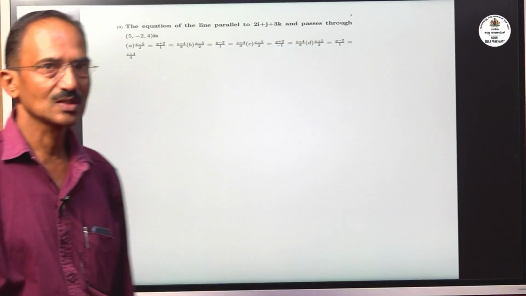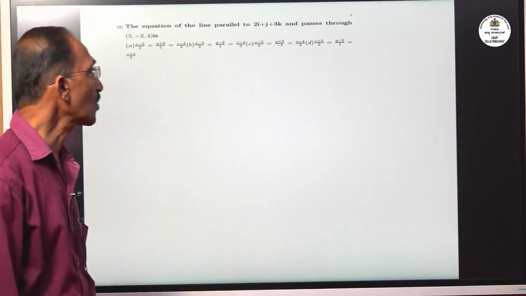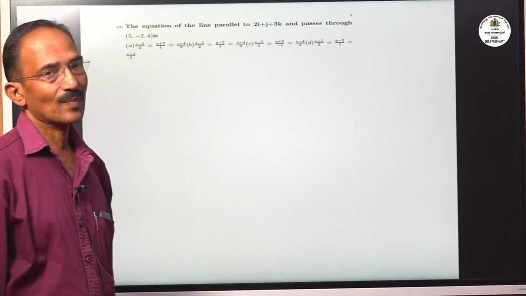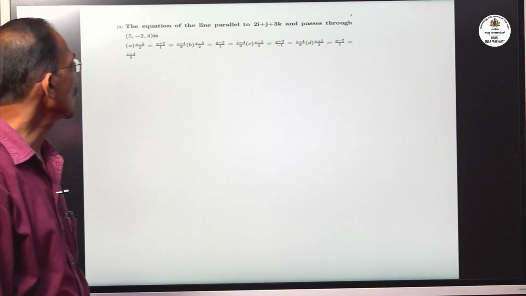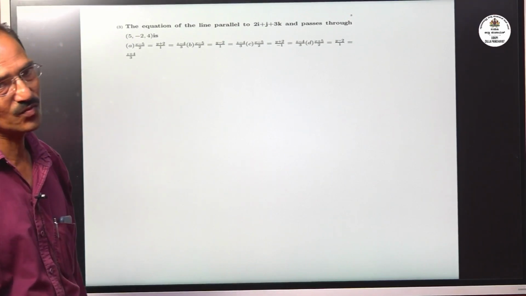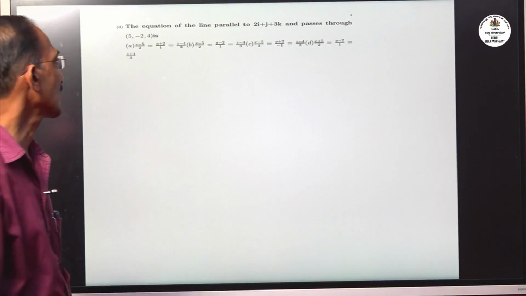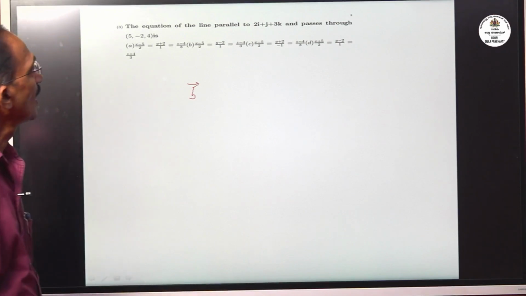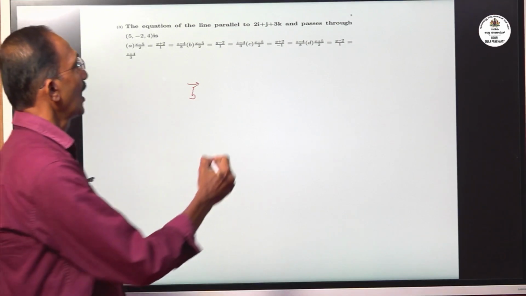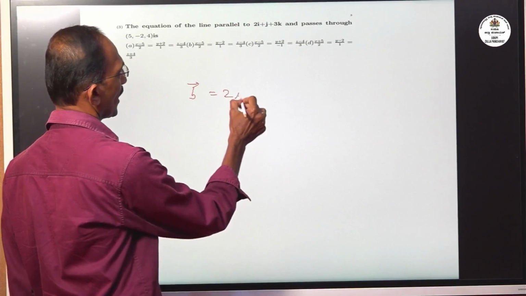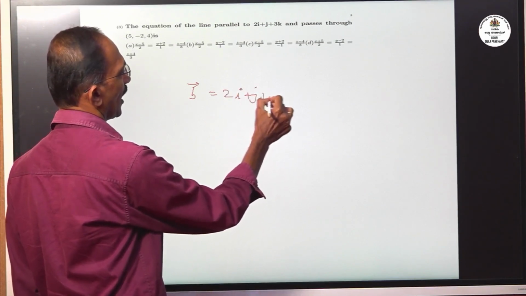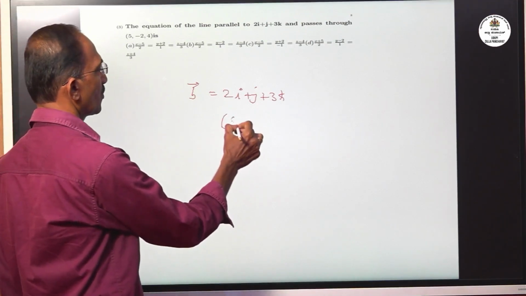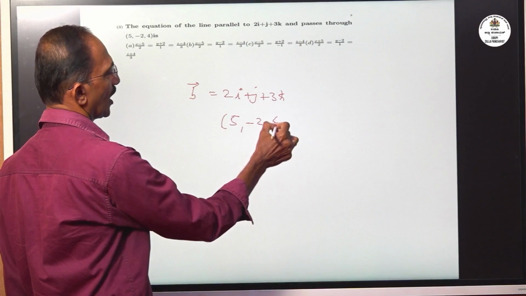So coming to the third question: the equation of the line parallel to 2i plus j plus 3k and passing through the point 5, minus 2 and 4. It's a direct question. You know, the vector b which is parallel to the line equals 2i plus j plus 3k, and we have a point 5, minus 2 and 4.